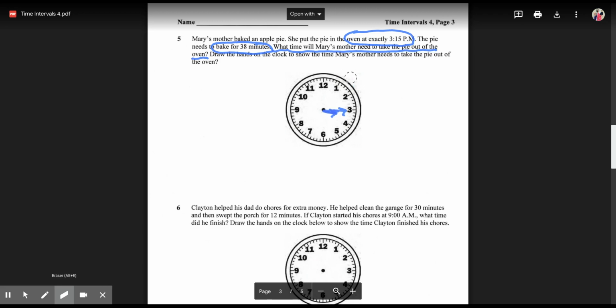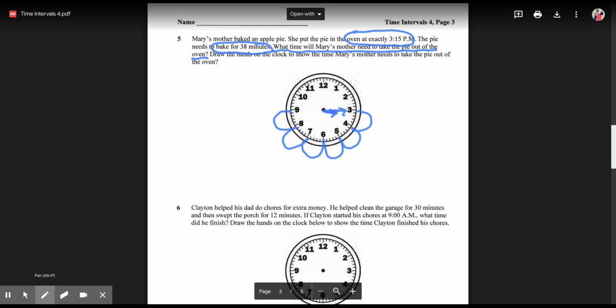All right. Now we need to let that pie bake for 38 minutes. So we're going to go around the clock 38 minutes. All right. So we know this is 5 minutes, 10, 15, 20, 25, 30. All right, now we've gone around 30 minutes.